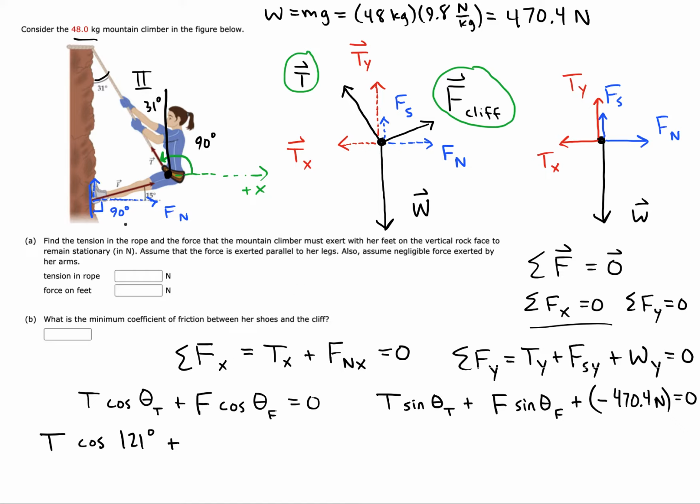When it comes to the force of the cliff, 15 actually is a standard position angle. You can see it right here. That is measured with the positive x-axis. So I will use that.